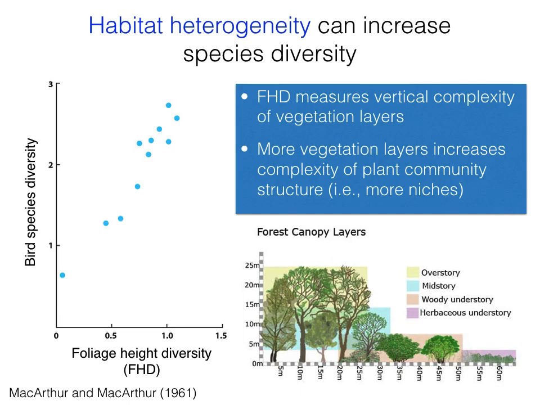In fact, there are quite a number of different studies that have shown the positive relationship of habitat heterogeneity with increases in species diversity, simply because increases in habitat heterogeneity provide more niches for species to occupy.